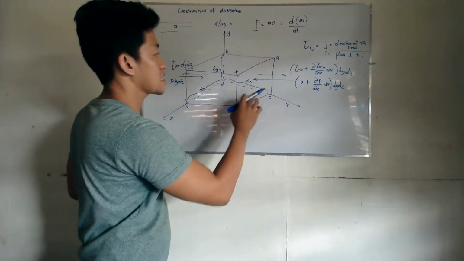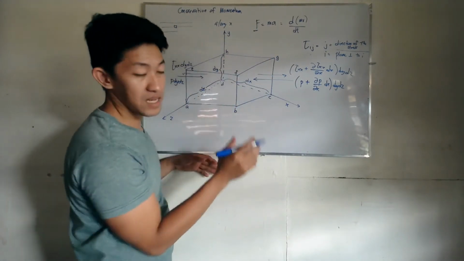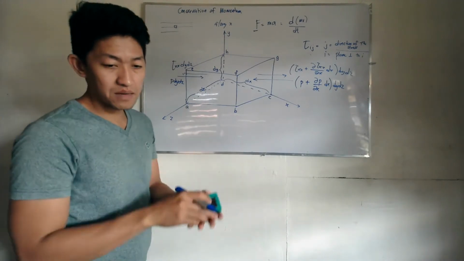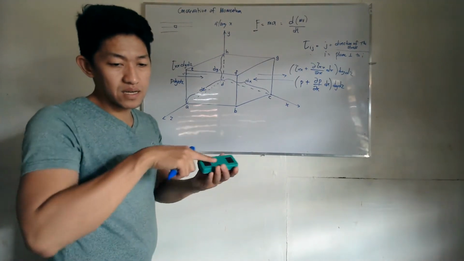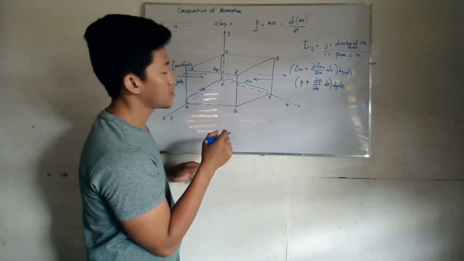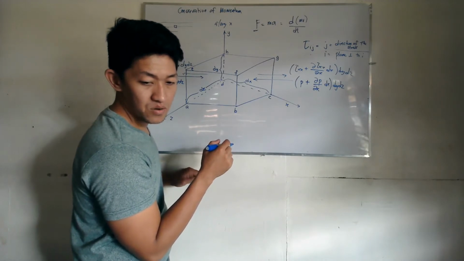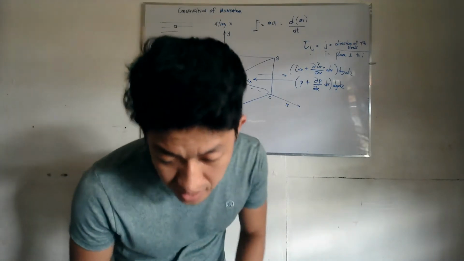Now let's get the forces on the side. On this side are shear stresses. The flow is parallel to it. So here you have tau yx.